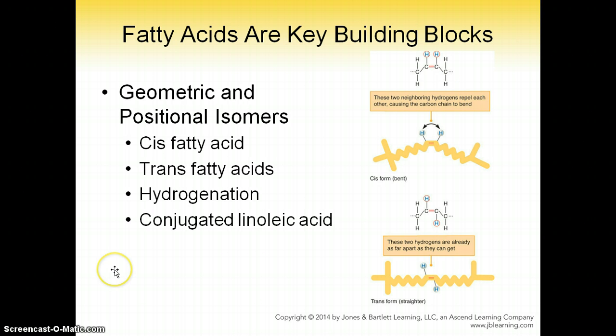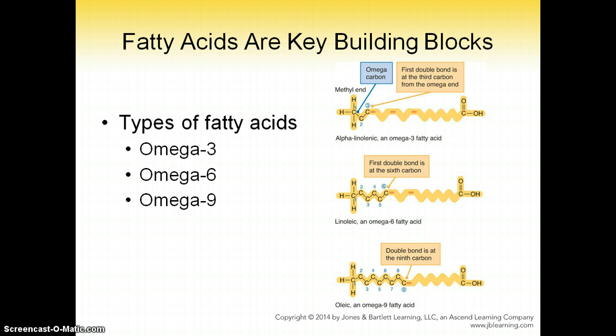And as we look then at conjugated linoleic acid, kangaroo meat, grass-fed beef, and mutton are also a source of those fats.